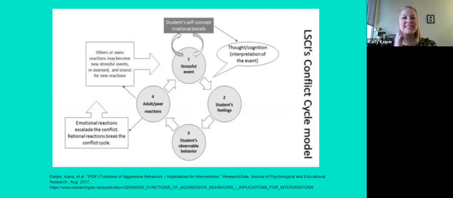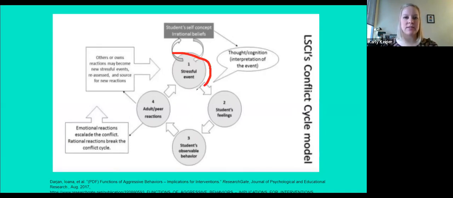To go through what we look at when we see a maladaptive behavior process or model, I'm going to get out my handy dandy little tools real quick. So we can see here, this is the stressful event. This is something that may cause the child, through their thought and cognition, to feel some feelings, maybe frustration, anger, maybe they're scared or intimidated, which then leads to an observable behavior.